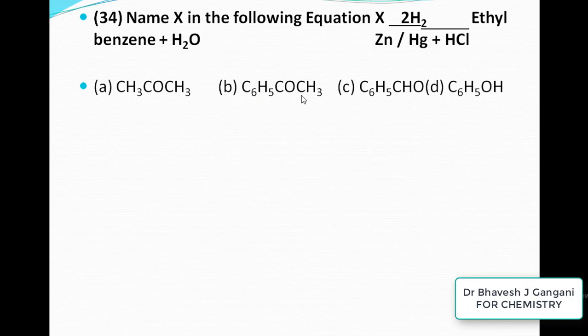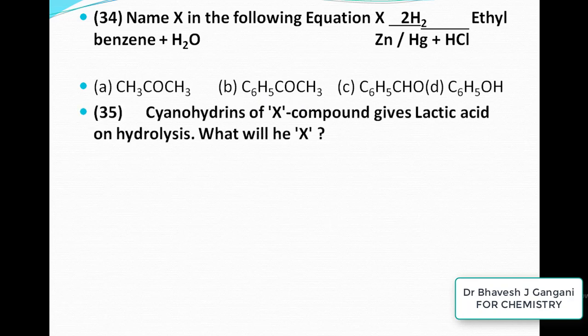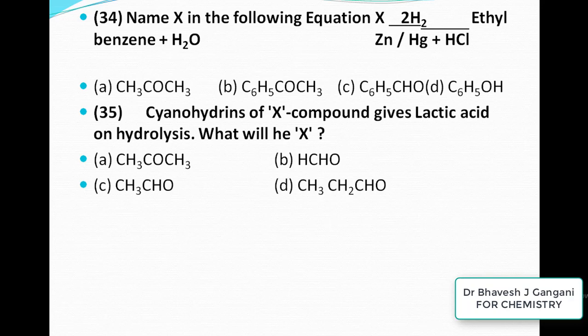Now question number 35. Cyanohydrin of X compound gives us lactic acid on hydrolysis. Then what is X? Now when aldehyde or ketone reacts with hydrogen cyanide, it gives us a cyanohydrin. So now HCN will be added. So you have to see that lactic acid has 3 carbon atoms.